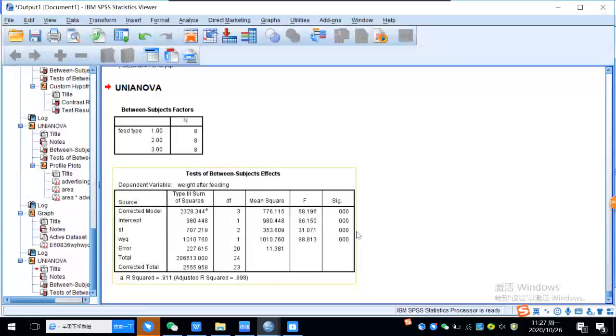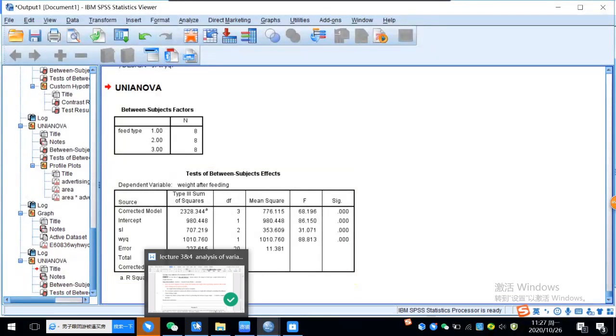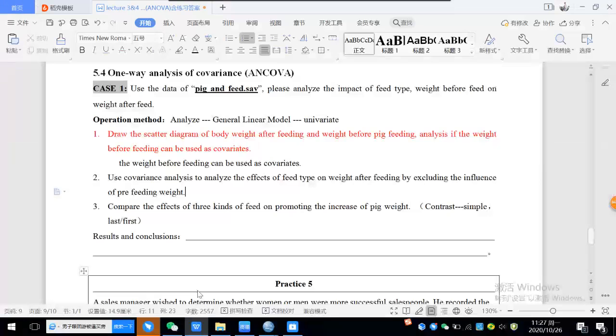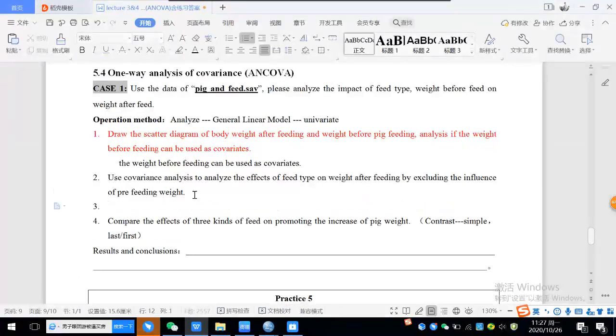We can conclude that excluding the influence of weight before feeding, the feed type has a very significant impact on weight after feeding. So here we answered the second question.